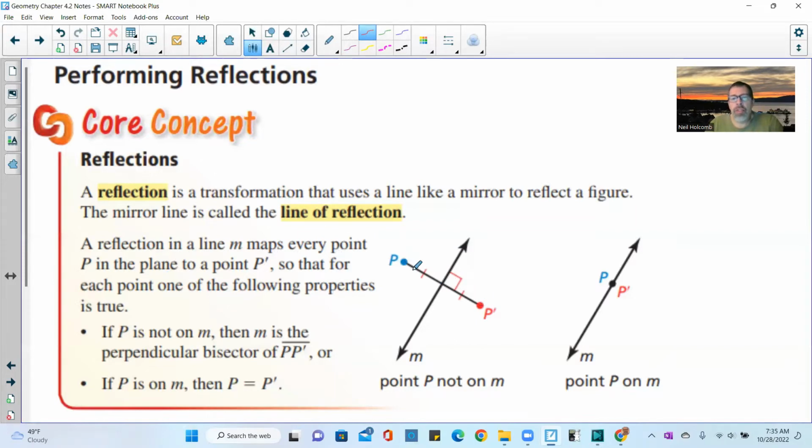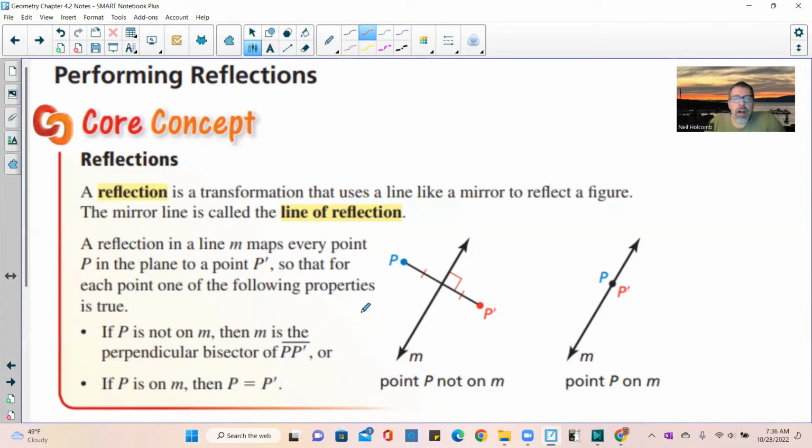In other words, this distance is perpendicular to our reflection line, and this distance is equal to this distance since this is the midpoint. And that's the definition of bisector. A bisector cuts something into two congruent pieces, and therefore the point of intersection is the midpoint.